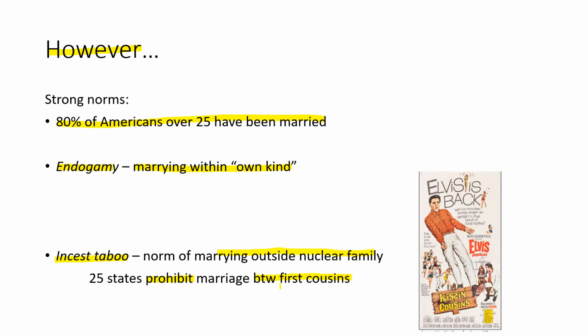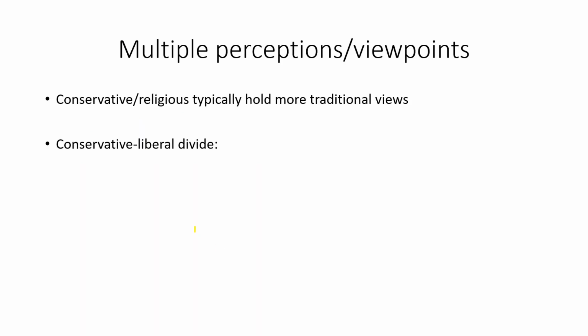So there's multiple perceptions and viewpoints of marriage and family, and we'll touch on these as we go. There is somewhat of a conservative liberal divide as far as the views of marriage, the importance of marriage, the sanctity of marriage, or the traditional values having to do with family and marriage.